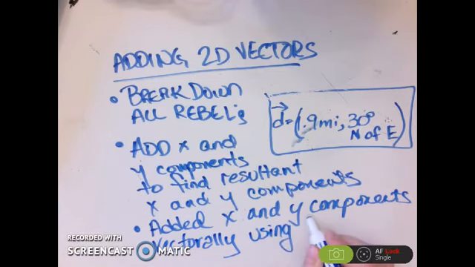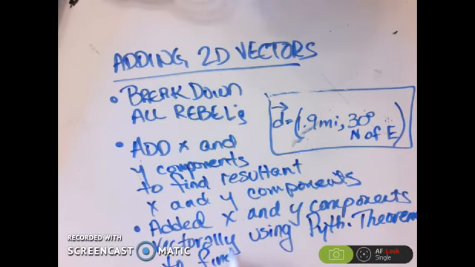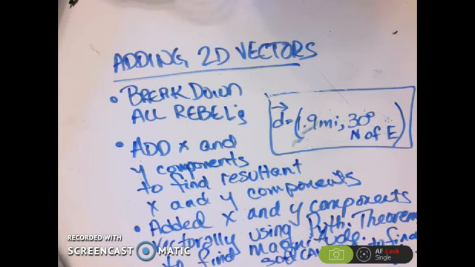Using Pythagorean Theorem to find the magnitude, and we use Sohcahtoa to find the angle. And that's all there was to it. It really was easy as soon as we started to break it down into teeny tiny little steps.